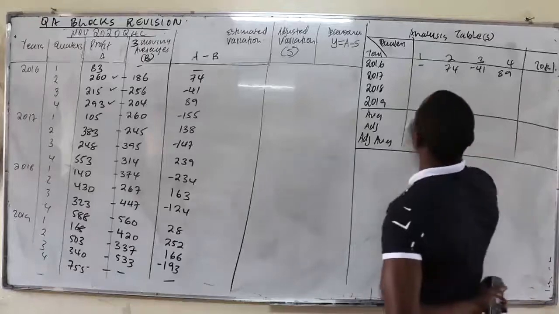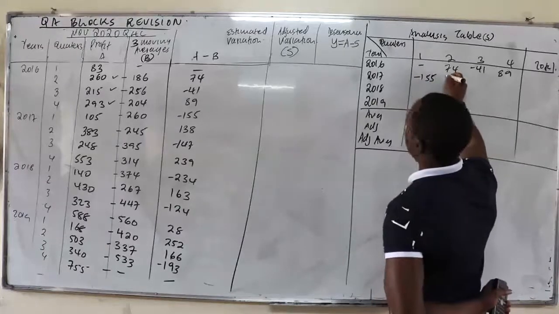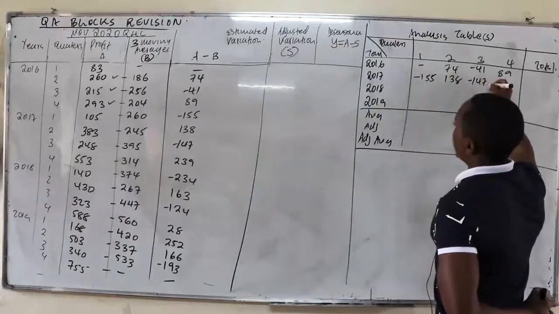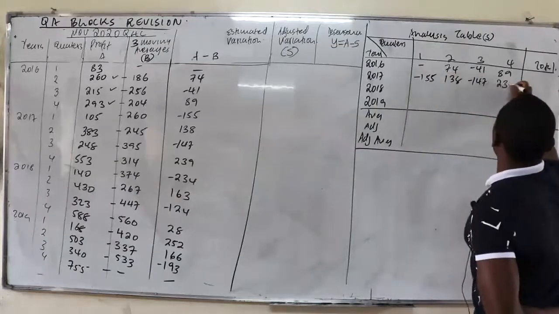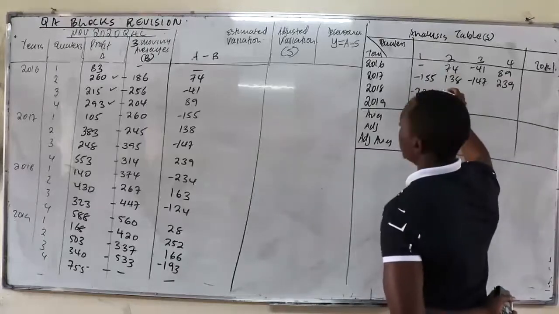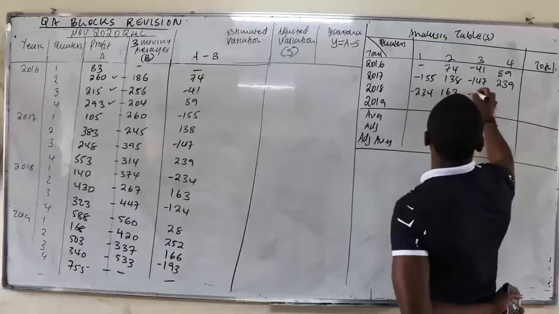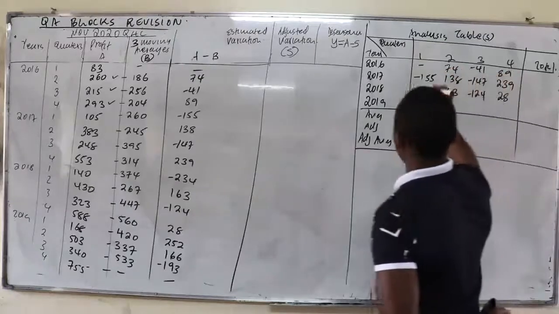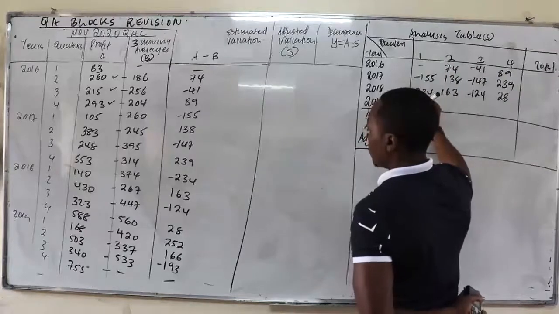Then 2017, we have negative 155, 138, minus 147, 239, 234, 163, minus 124, 28, 252.